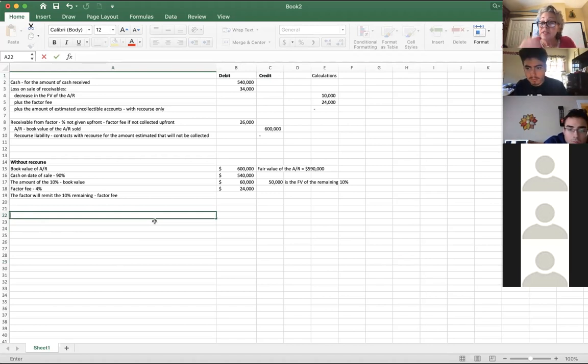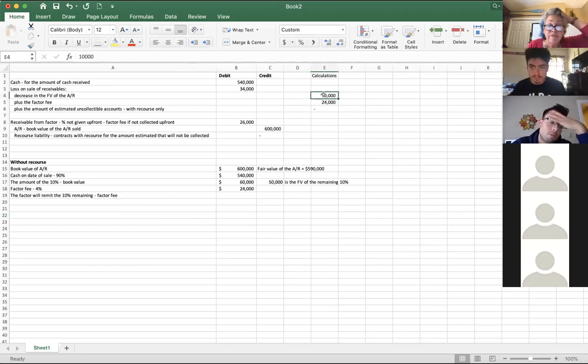I'm pressing the bullshit button on that one, because you can tell me how to calculate loss on receivables. It is not a plug number. I know that the $34,000 of my loss is the $10,000 decrease in my fair value plus my factor fee.